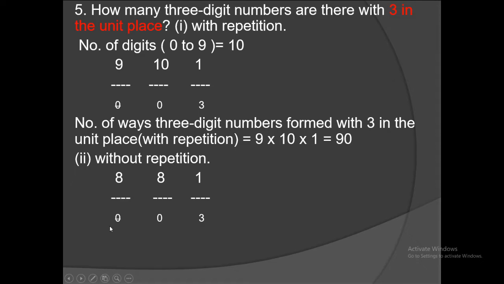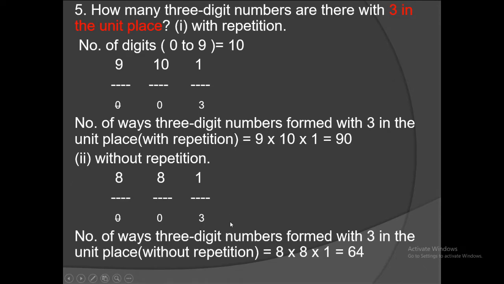But in the first place you cannot place 0, so leaving 1 from the 9, it is 8. Now coming to the second place, here one number is placed, so 10 minus 1 is 9, and 9 minus 1 is 8. So the remaining 8 can be put in this place. So the number of 3-digit numbers formed with 3 in the unit place without repetition is 8 into 8 into 1, which is equal to 64.